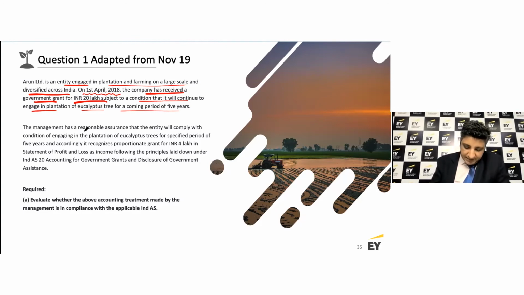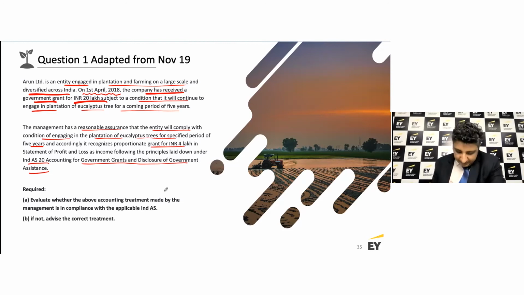The management has a reasonable assurance that the entity will comply with the conditions of engaging in the plantation of the trees for a specified period of 5 years and has accordingly recognized a grant of 4 lakh rupees as income under the Ind AS 20 framework. Okay, the question is whether the treatment done by the company is appropriate. If no, what is the correct treatment?